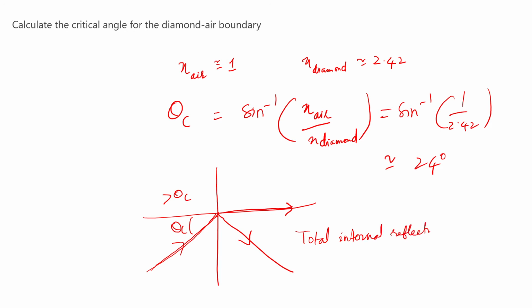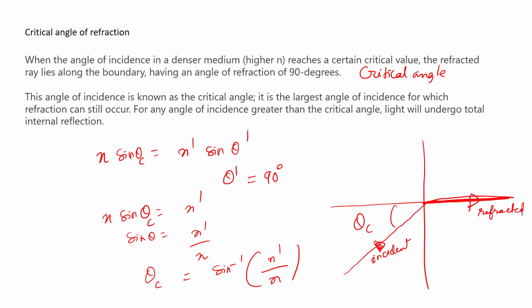I think when I was explaining how the critical angle doesn't work from air to diamond, I said diamond to air or something like that. So beware of that. Let's look at this equation. If you have n prime by n, and if n prime is greater than n, then this fraction would be greater than 1, so sine inverse does not exist.